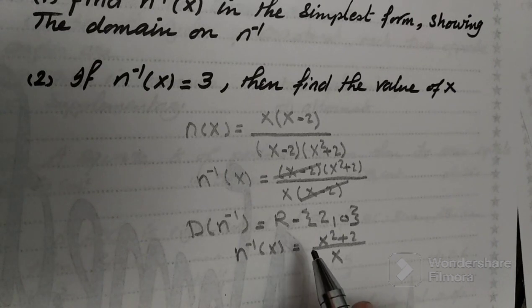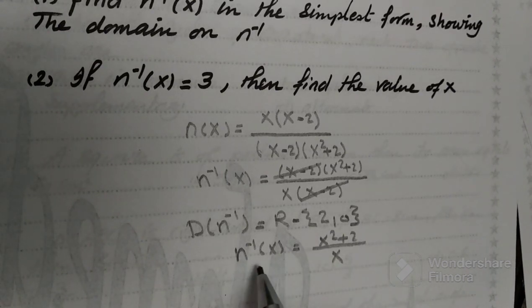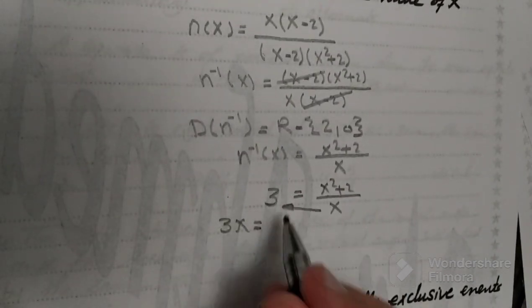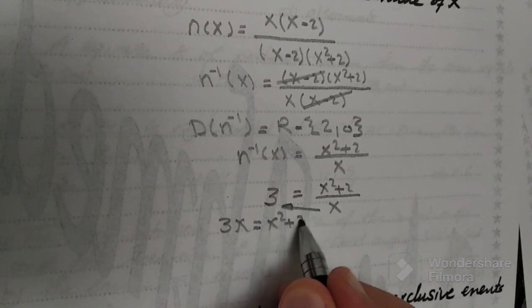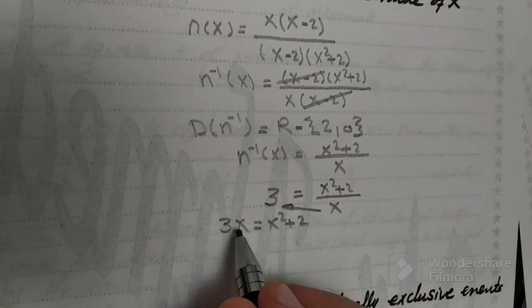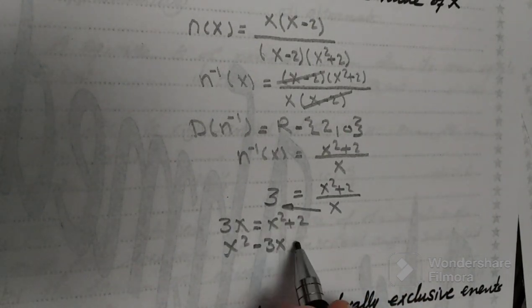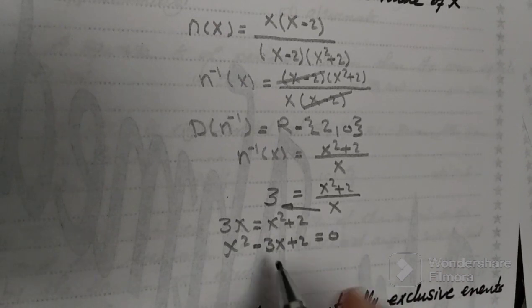If n power negative 1 equals 3, we will substitute n power negative 1 of x by 3, equals x squared plus 2 over x. Cross multiplication: 3x equals x squared plus 2. Put 3x on the other side with changing the sign. x squared minus 3x plus 2 equals 0.